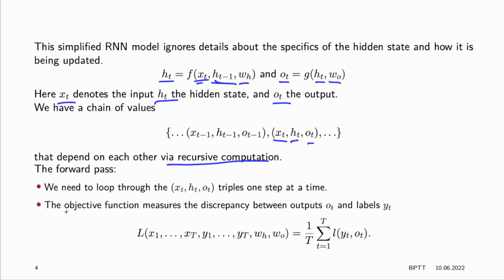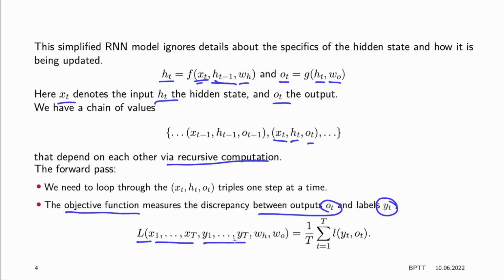Once we have computed this, we can compute our objective function, which compares our computed outputs ot with some ground truth labels yt. The objective function is capital L, and it takes as input our recurrent neural network inputs, our labels, and the weights of the neural network.